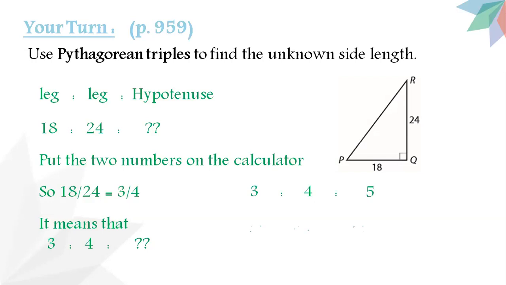So I need to find 3 times what gives me 18 and 4 times what gives me 24. 3 times 6 gives me 18, and 4 times 6 gives me 24. So I can find the third one, which is 5 times 6, giving me 30. So the hypotenuse here is 30.